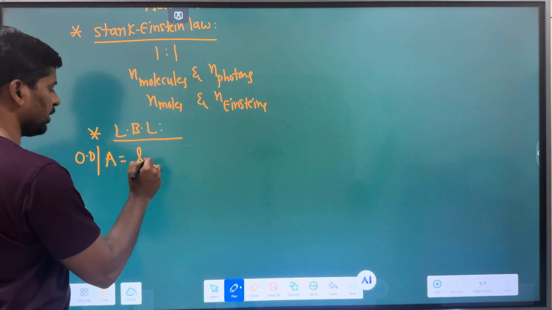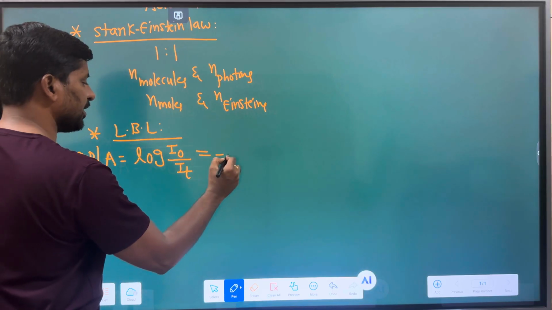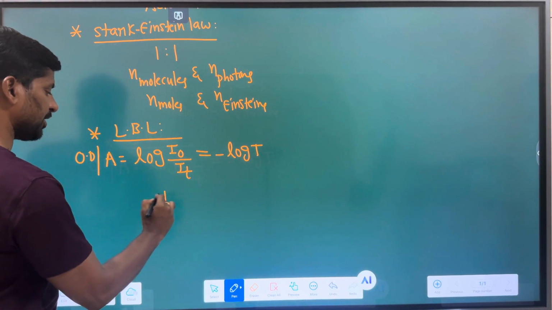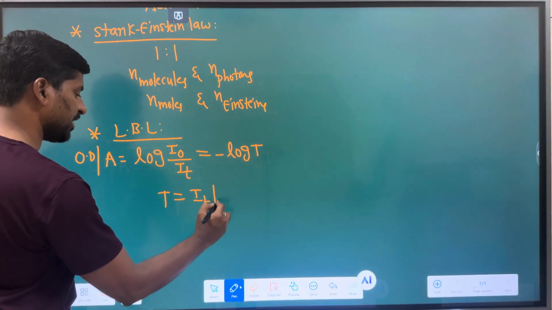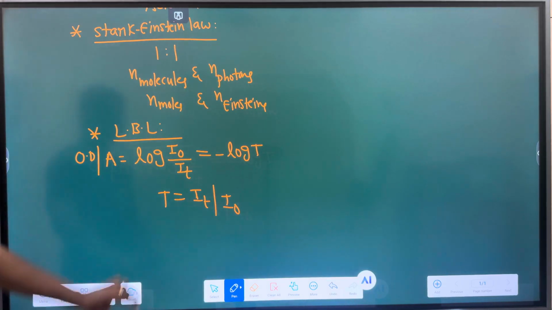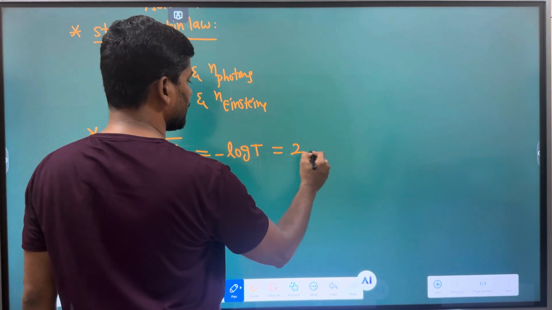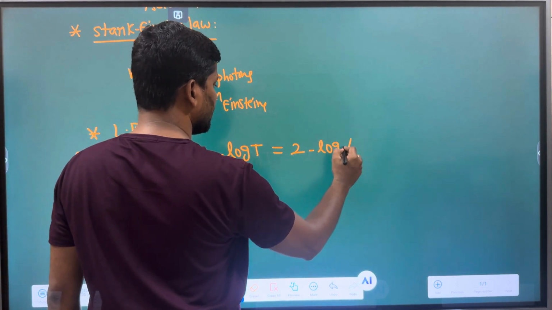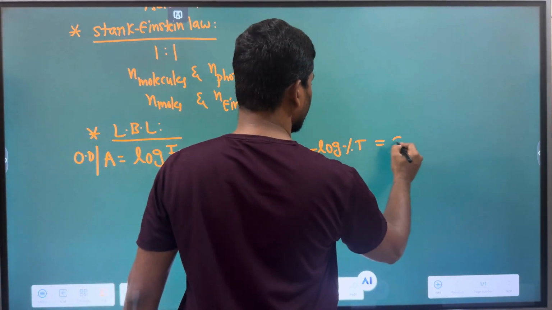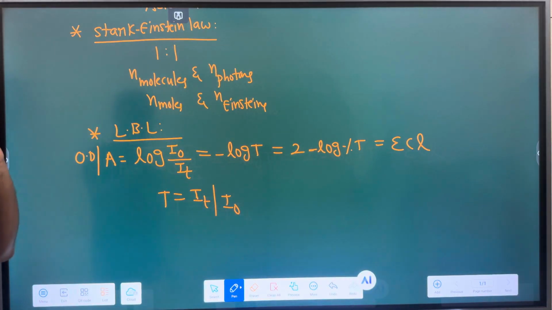If you see, log I naught by I_T, or minus log T, where T is called transmittance. Transmittance is the fraction of light transmitted, I_T by I naught, and that's why we get the minus sign. Or it is 2 minus log percentage of transmittance. And another expression is epsilon C L. So these are the various expressions we have for absorbance.